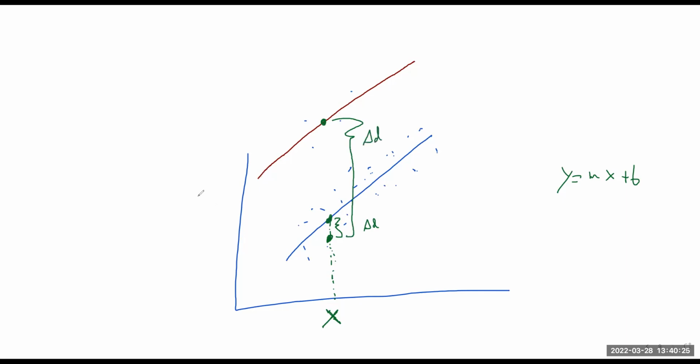Let's call this one line 2, and this is line 1. If I compare delta D1 versus delta D2, which one is bigger? D2. D2 is in fact much bigger, right? So that's how you select the line.